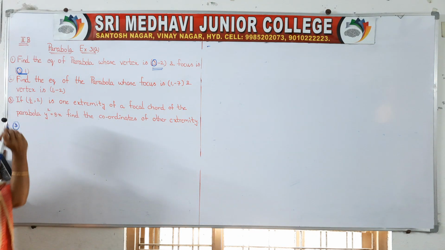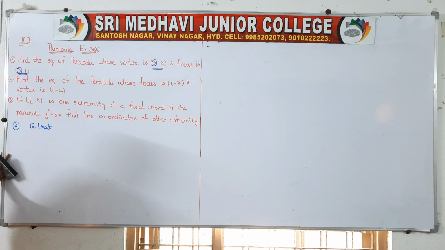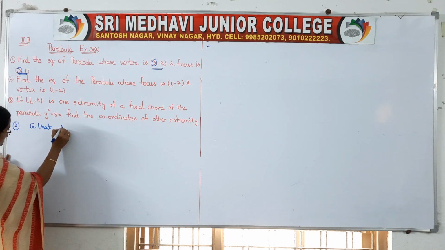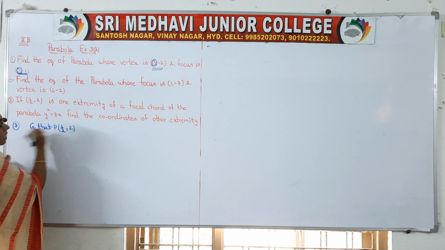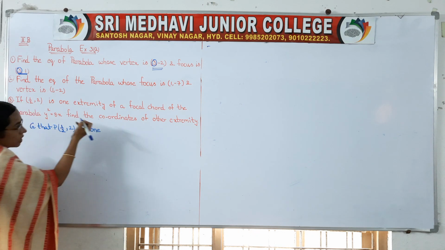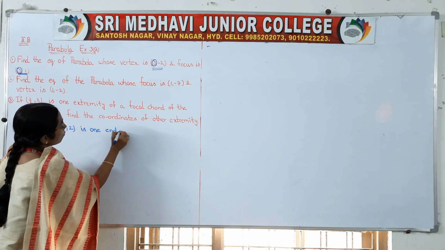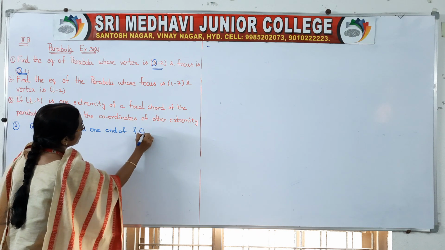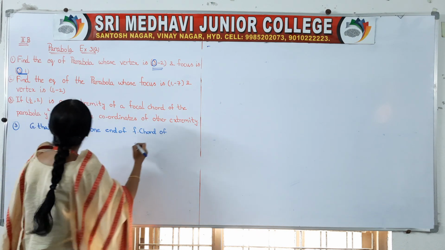Okay, so this is your third question. What is the given information to you? One end point is given to you, (1/2, 2). You consider that as P, one end of the focal chord of the parabola.